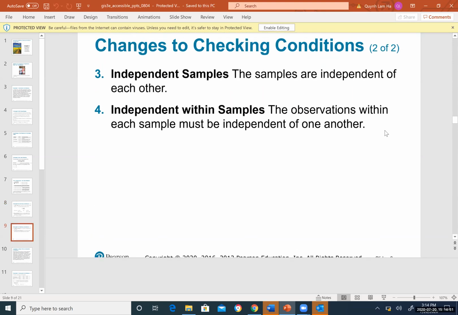Independent samples, and again, most of the time we should make sure that every single observation has to be independent, which is they do not really affect each other. Independence within sample, so the same thing. The observations within each sample must be independent of one another.